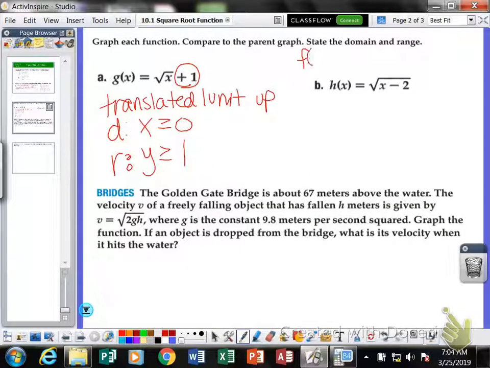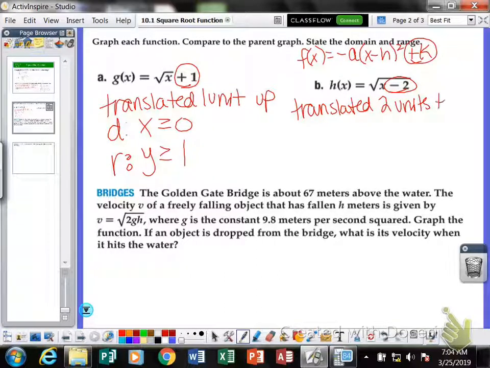Remember from the last chapter, we had like negative a, parenthesis x minus h, quantity squared, plus k. This k did something, the minus h, and that's kind of where this minus h is coming in. So minus h, h is a positive 2, so this translated 2 units to the right.